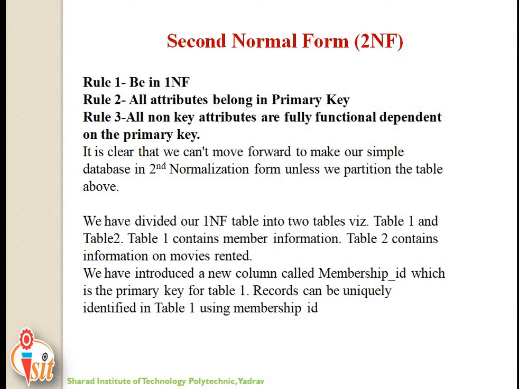The second is that all attributes belong to the primary key. In the last session you have already studied what a primary key is. And the last rule is that all non-key attributes are fully functionally dependent on the primary key.